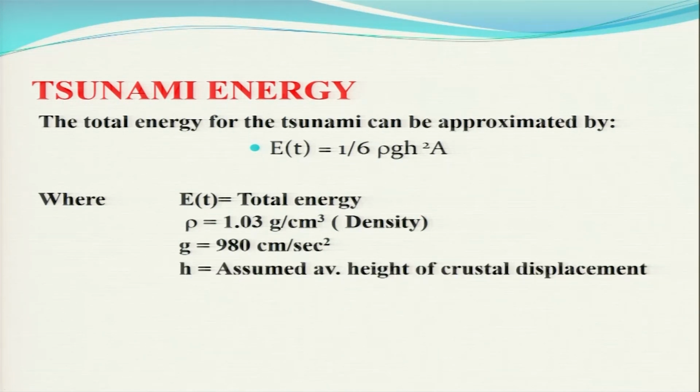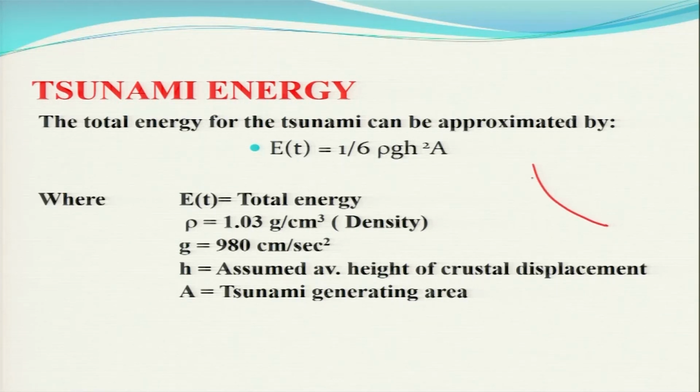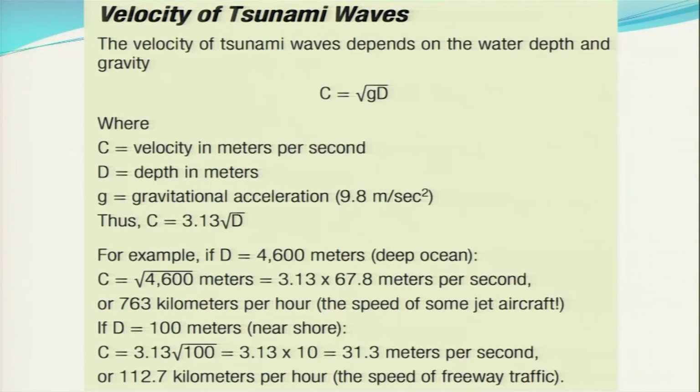H is either the actual height of the crest or the crustal displacement, so you can assume the average height of the crustal displacement, and A is the tsunami generating area. So you need to know how much is the area which was ruptured. Now all these parameters will be taken into consideration when we talk about the modeling part, and that will be taken at the end. So that was for the total energy.